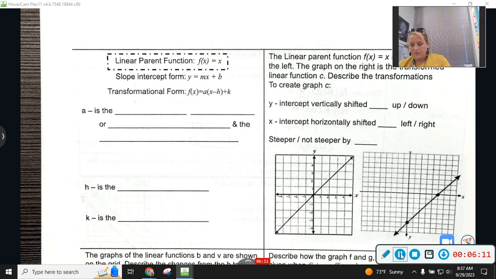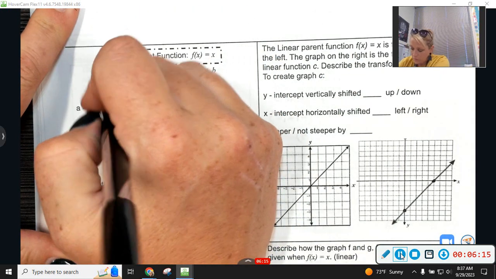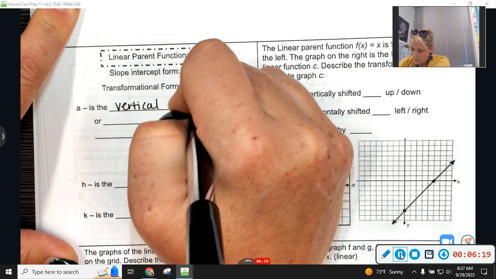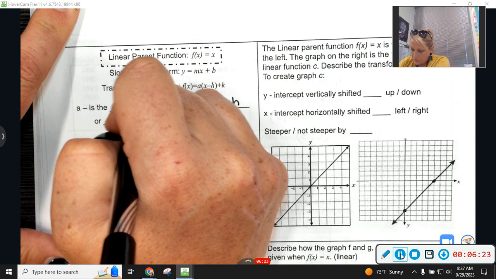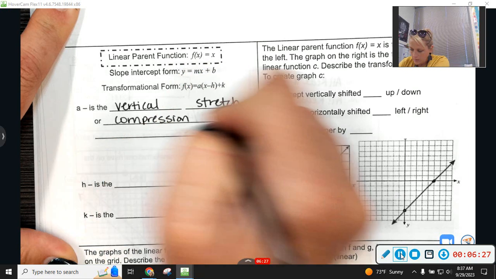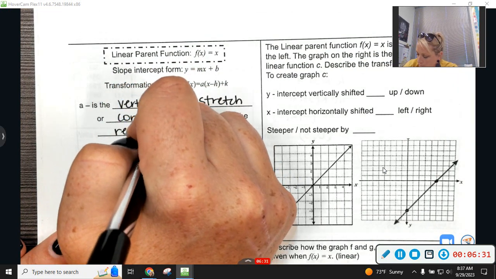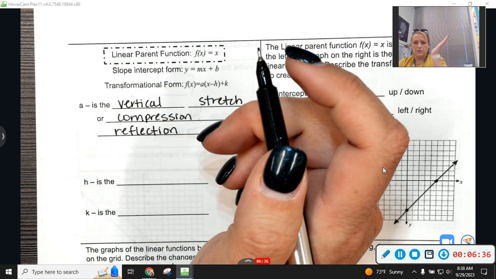So this a value is the vertical stretch or compression, and also it will reflect it, making it go from increasing to now decreasing.